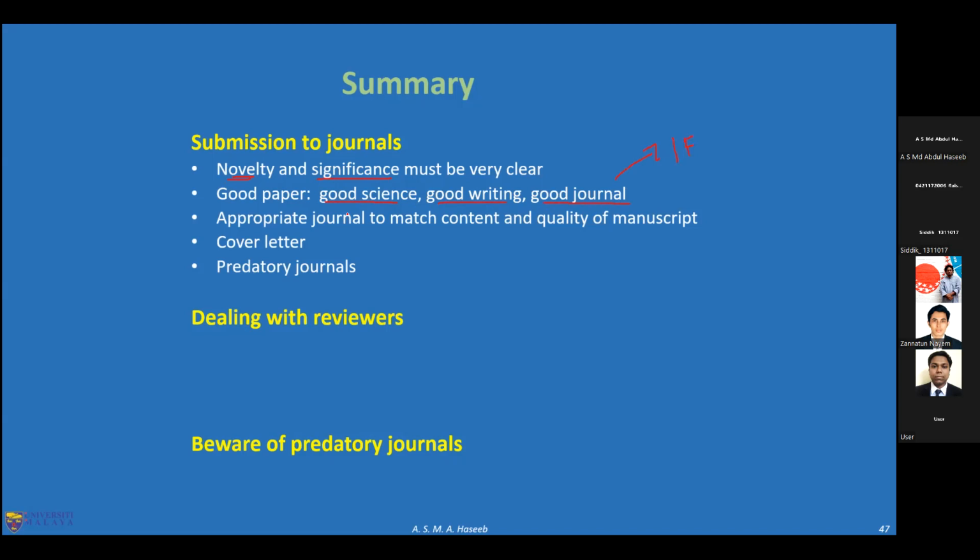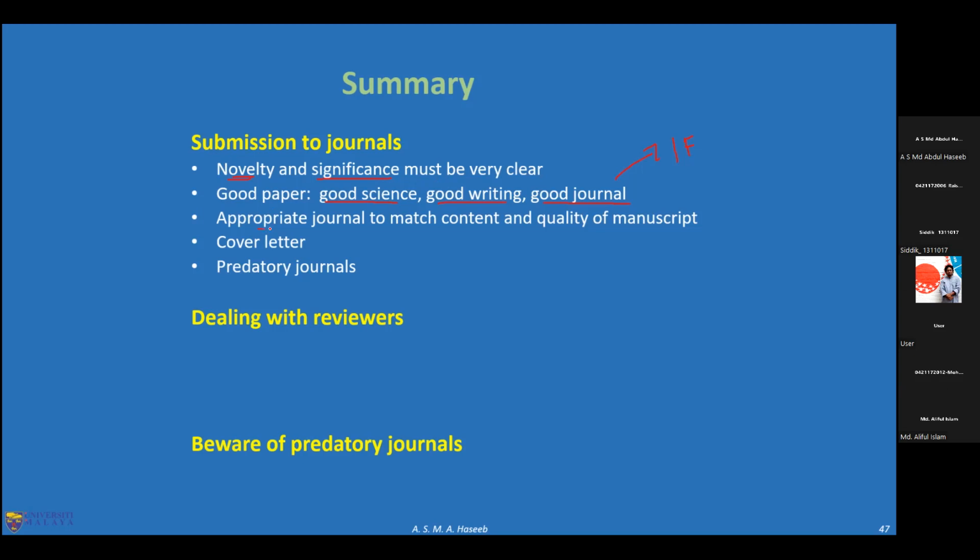Good science means you have in-depth discussion, you have novelty. Good writing means it's good English, good flow of language, flow from one paragraph to another, clear logical arrangement of issues. So you have to put a lot of effort into good writing as well.